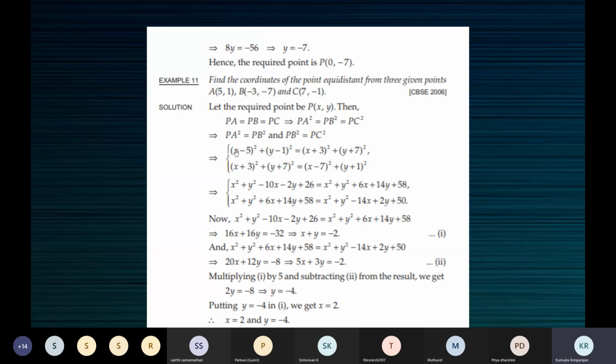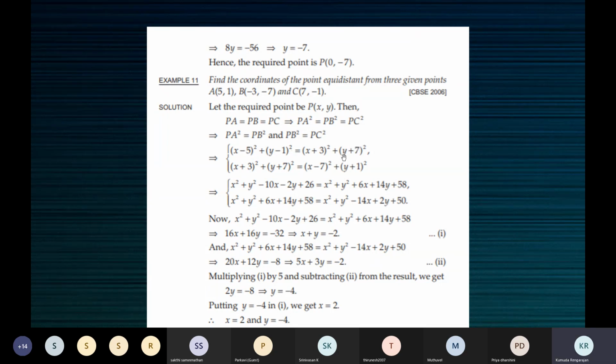Okay, class. So after this, PA square is equal to PB square. Now this will be x square minus 10x plus 25 plus y square minus 2y plus 1 is equal to x square plus 6x plus 9 plus y square plus 14y plus 49.